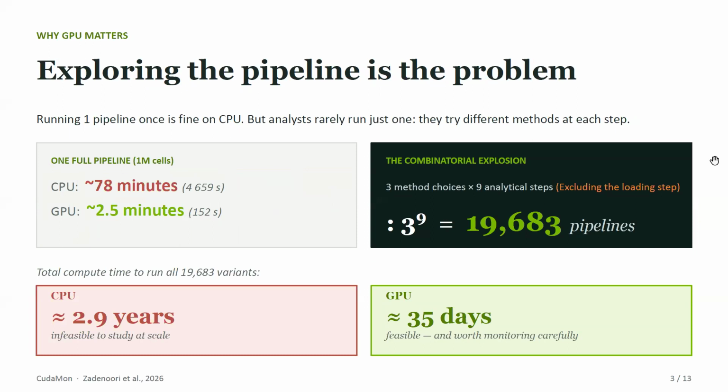A question may be raised that if the running time is on the scale of hours, for example 1 hour, 10 hours, 100 hours, there is no reasonable excuse to invest a lot of money to have HPCs or servers containing GPUs. But this is not the whole story. If one wants to study different configurations of the workflow that I showed before, and consider that there are just 2 options for steps in the workflow, excluding the loading, because loading is always the same, then a combinatorial explosion ends up with 20,000 pipelines.